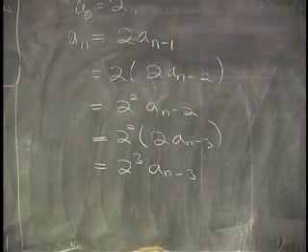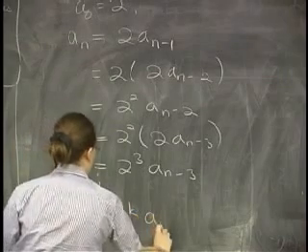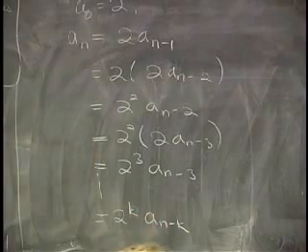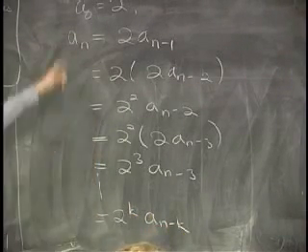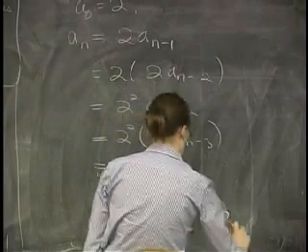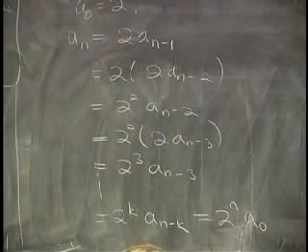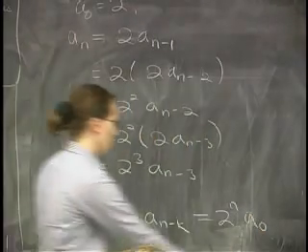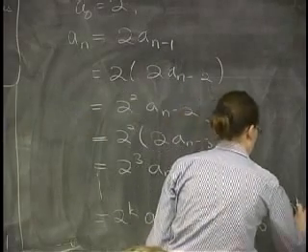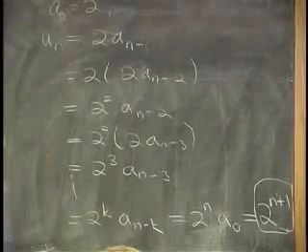Finally, if we continue, we're going to get something that looks like 2 to the k a_{n-k}. Now to get down to 0, I have to let k equal n. So what I get is 2 to the n a_0. a_0 is just 2, and so this is just 2 to the n plus 1.